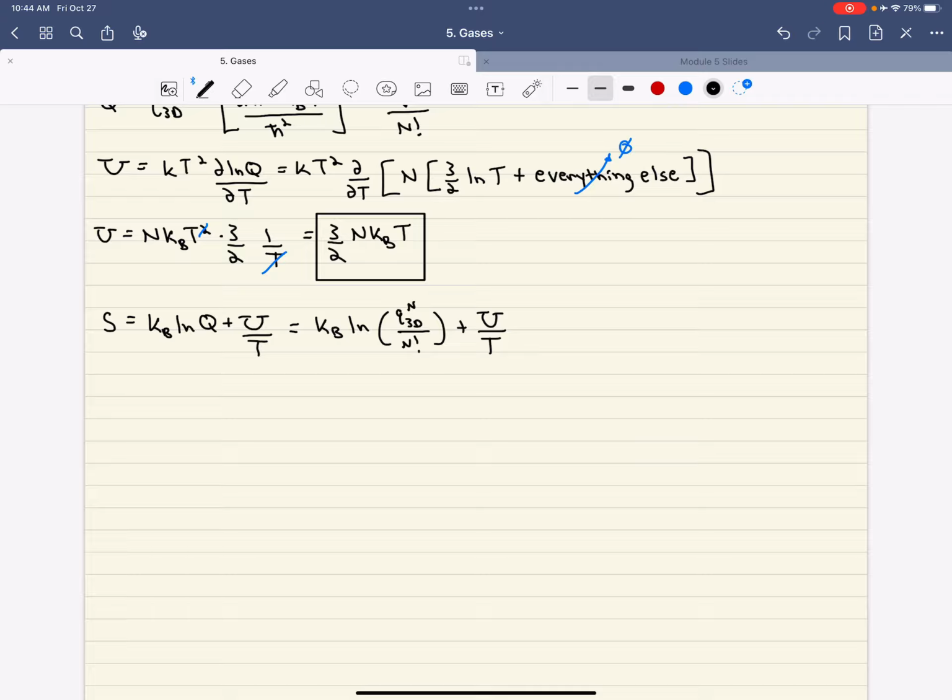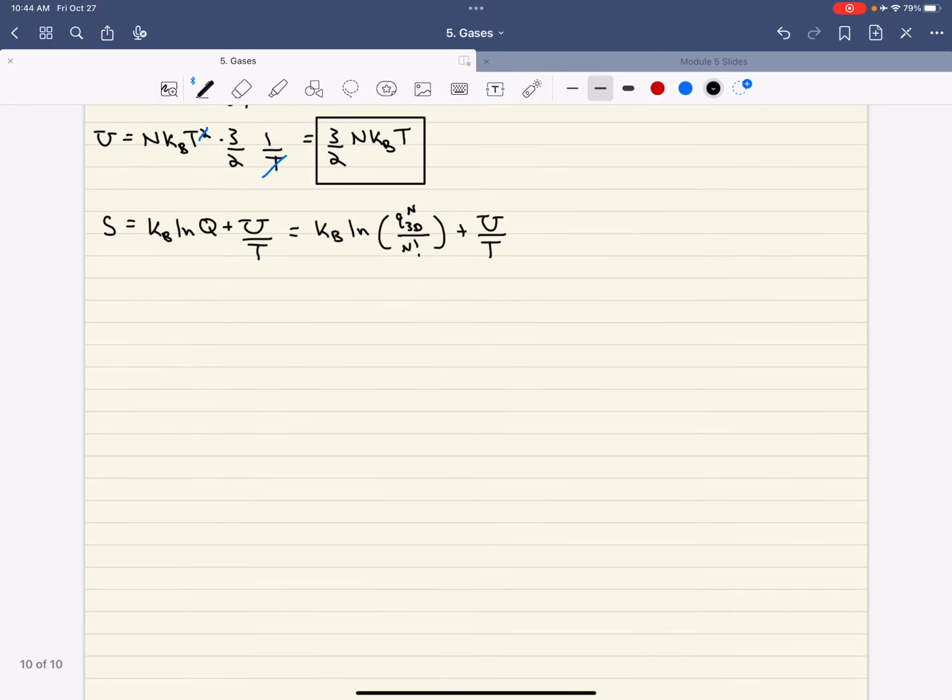Then we could rearrange our equation like this. Here we're taking the natural log of a factorial, and so I'm going to employ Stirling's approximation at this point.